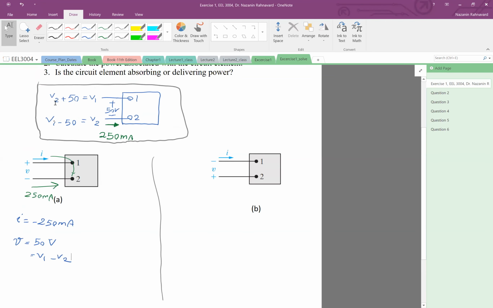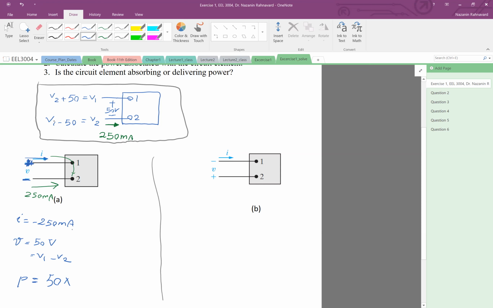And then next, we need to find the power. To find the power, there are two ways, I would say. My preferred way is to look at the positive V, reading that from plus to minus. And then I consider the I that is entering the element from the plus terminal to the negative terminal within the element, whatever the value of I is.